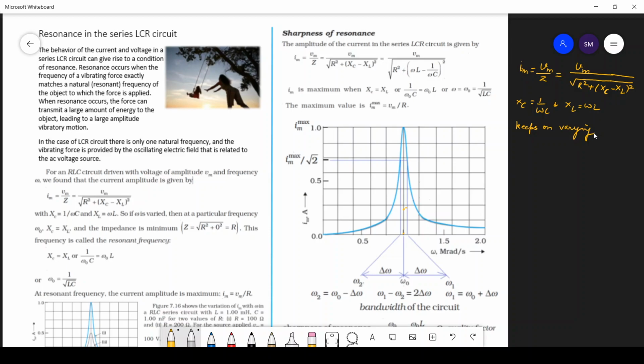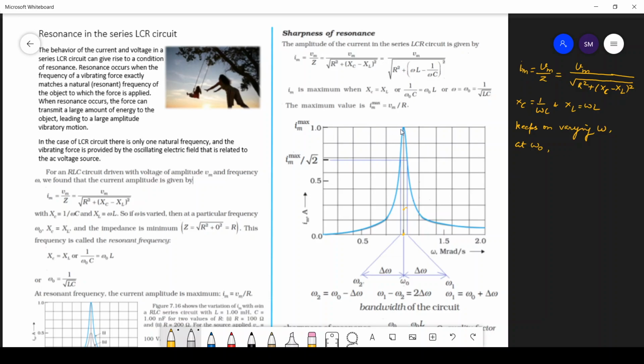So keep on varying the frequency, angular frequency, and ultimately you will reach a particular frequency, omega naught, where the amplitude of the current is maximum.